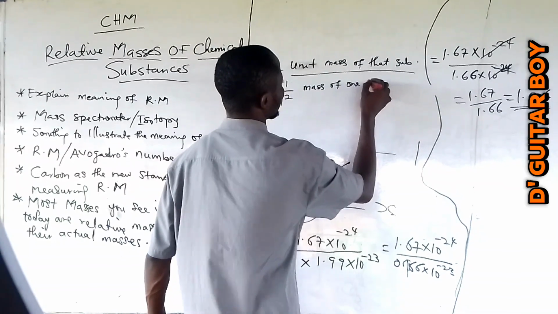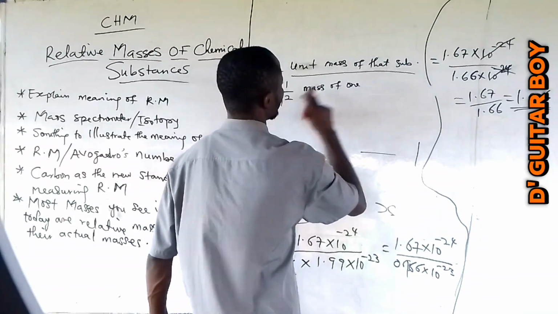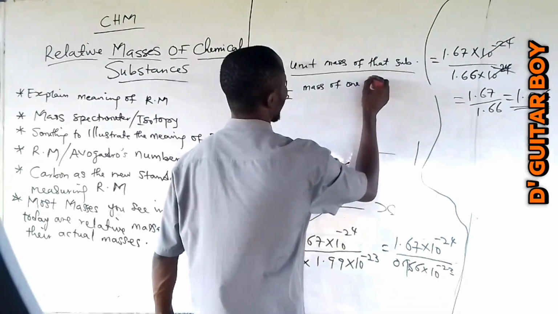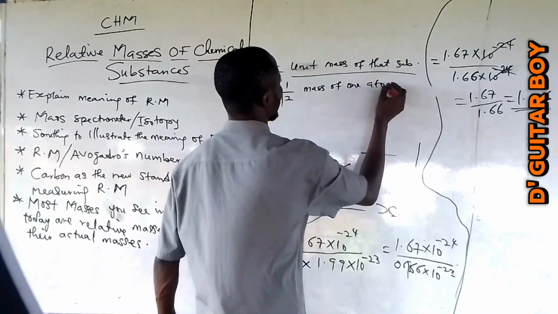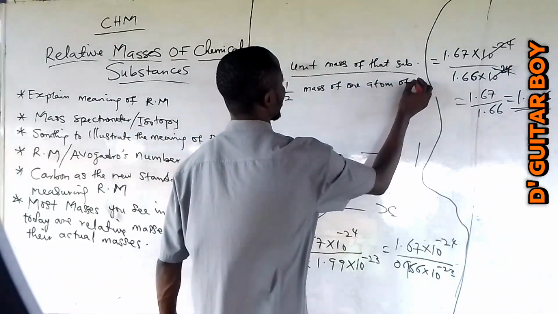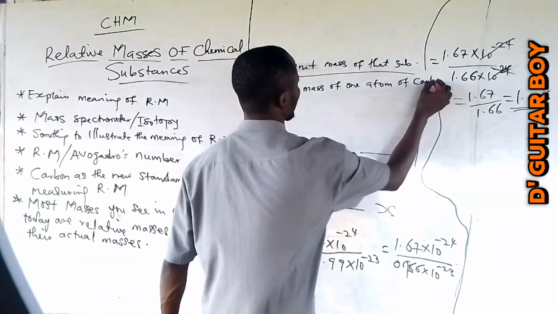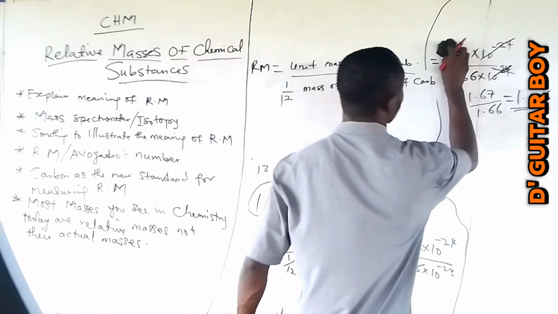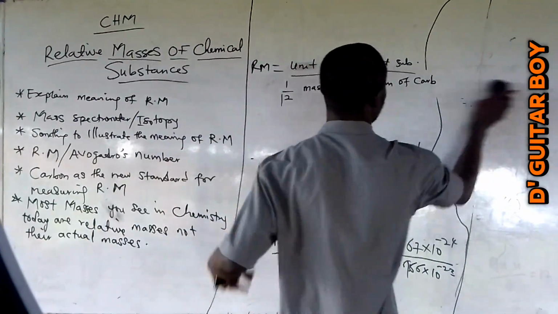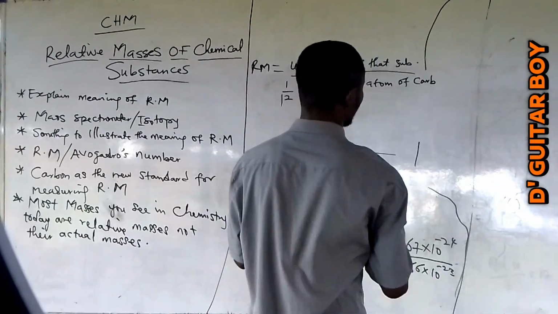That is, 1/12 the mass of one atom of carbon 12.